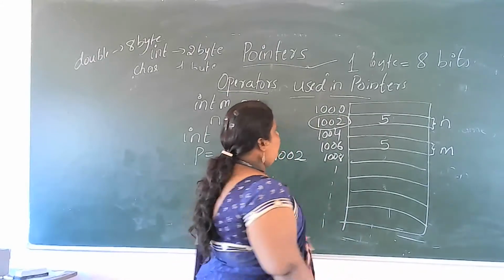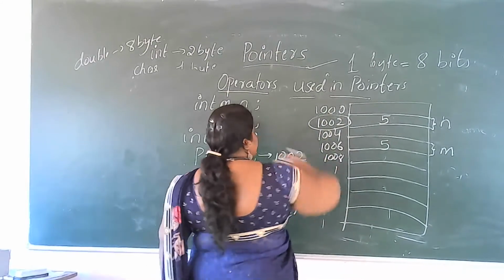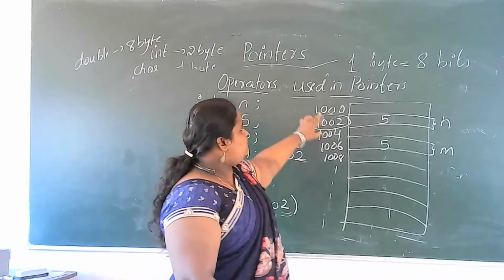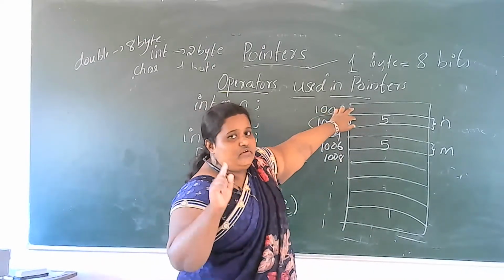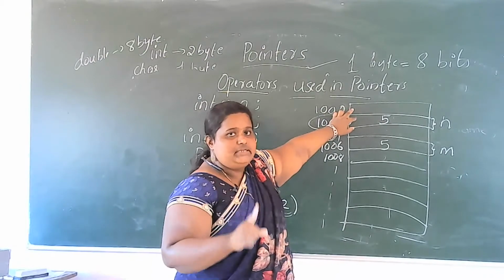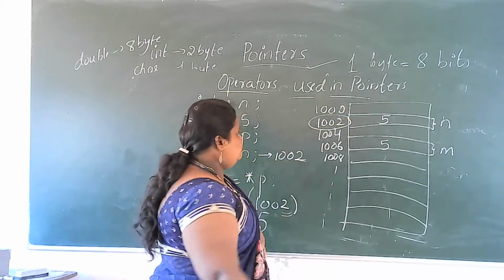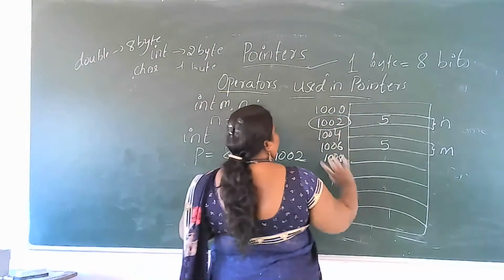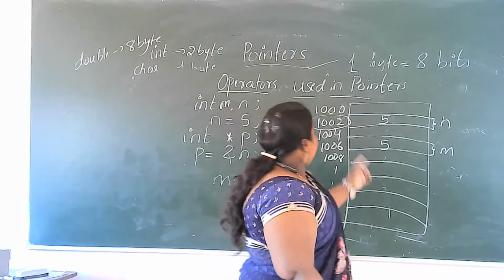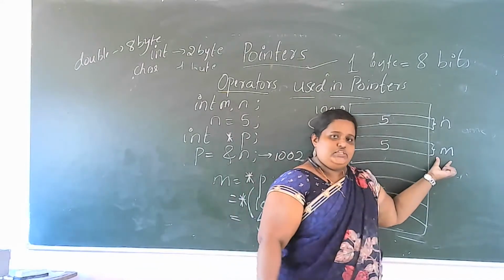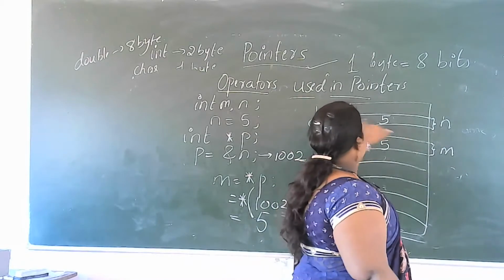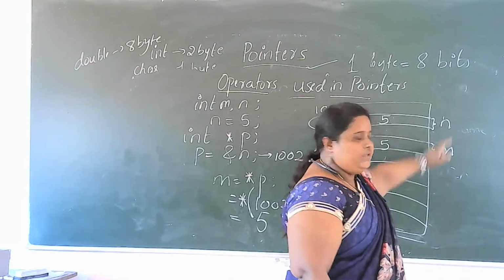It is of type int, so I have merged two blocks. Each block is of size 1 byte, so I have merged 2 bytes. Consider 1006 is allocated for m and 1002 is allocated for n.